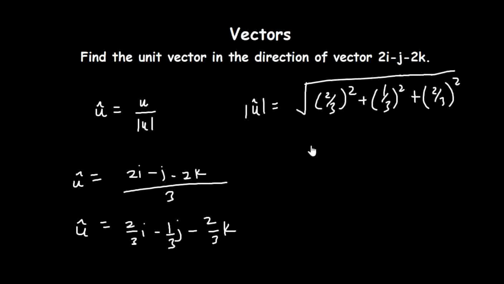When you do this and you get 1, then that means our answer is correct. When I did this, I got the magnitude of the unit vector to be equal to 1, so our answer is correct. That's how to calculate the unit vector in the direction of another vector. Let's move on to the next question.